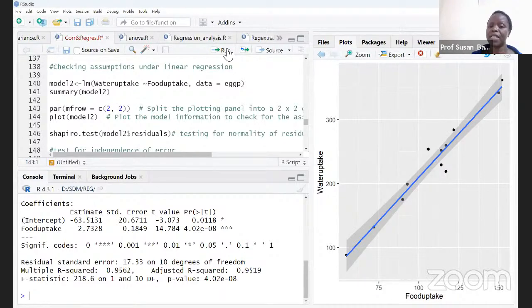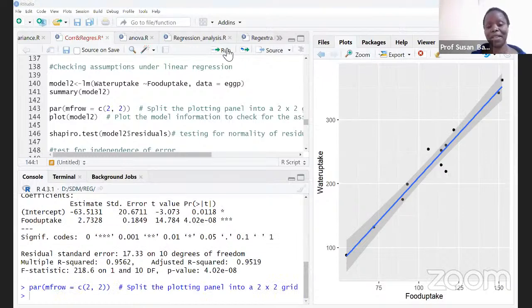Can we go ahead? Somebody says I should go slow. Okay, great, I'm switching on my speed governor. Some people are saying no. If you say no, please put a reason why, so that we know the problem. Okay, so I've said run line 143, and it divides the plot section into 2 columns and 2 rows to allow us fit in our plots.